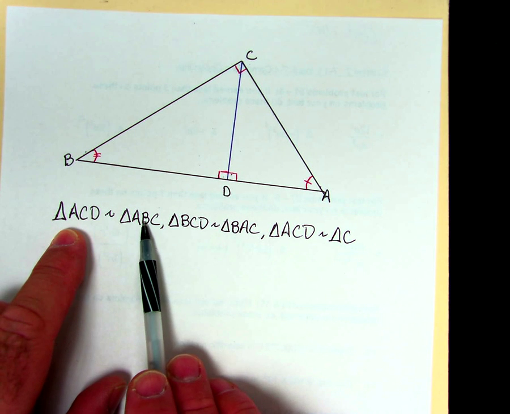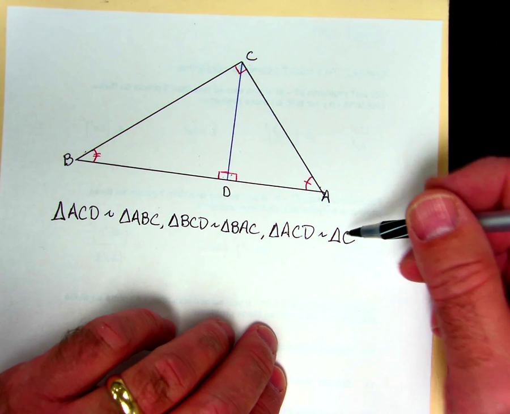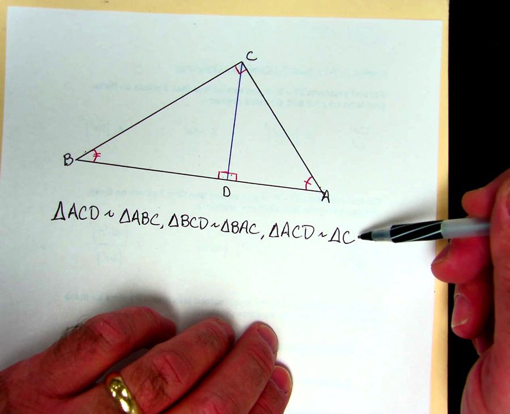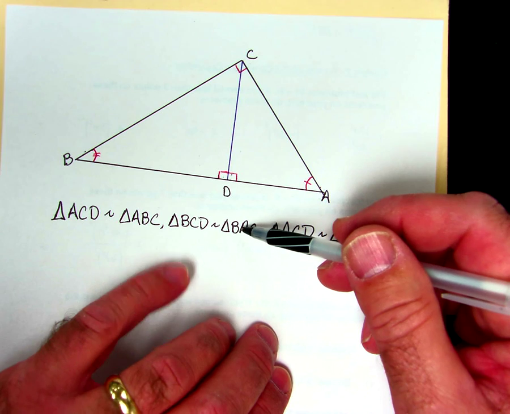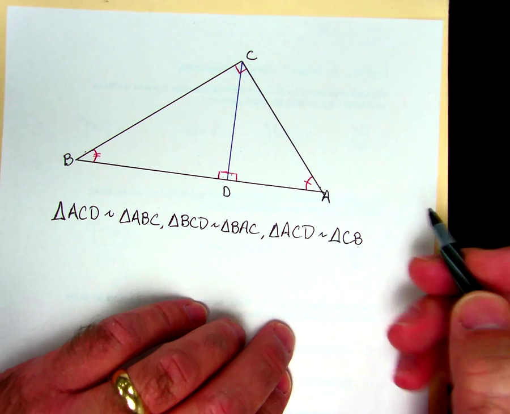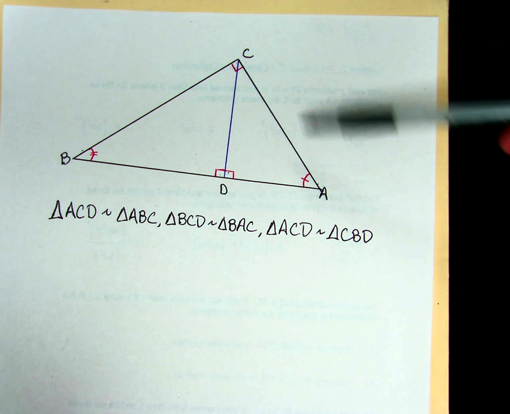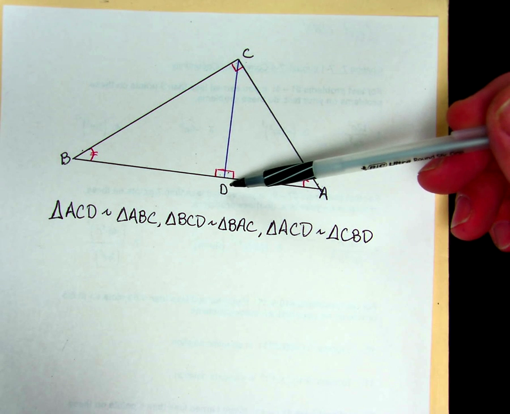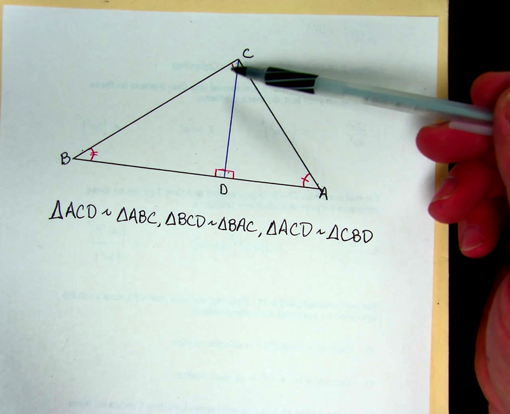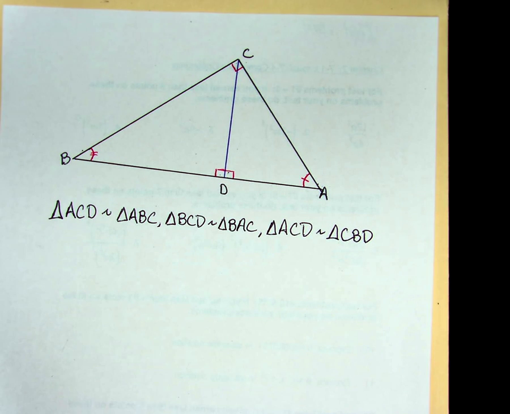C goes to B. And B in this one goes to B. Okay. And then the right angle. So triangle ACD is similar to triangle CBD. The two smaller triangles are similar.